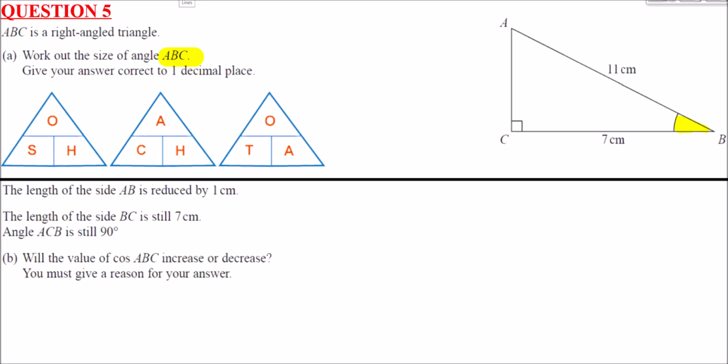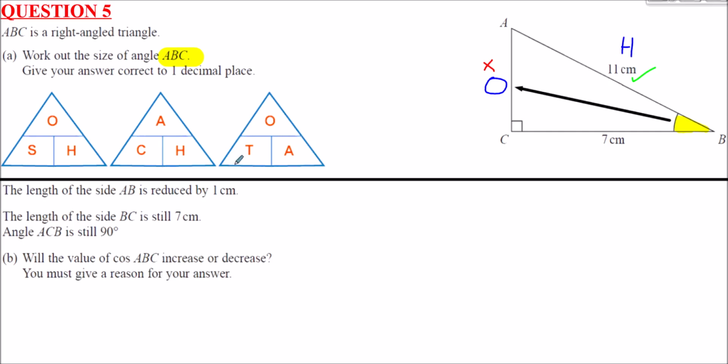Now let's label on the angles and sides we know. So opposite to the angle we're trying to find is called the opposite. We don't know that one. The longest side, the side opposite to the right angle, is called the hypotenuse. We do know that one, so let's go for a triangle that uses this information.